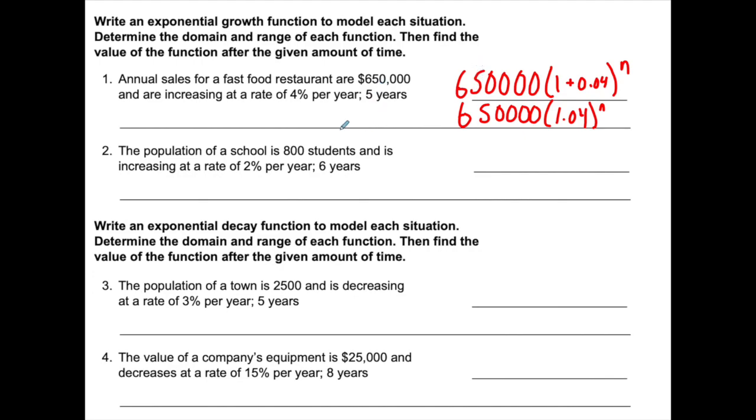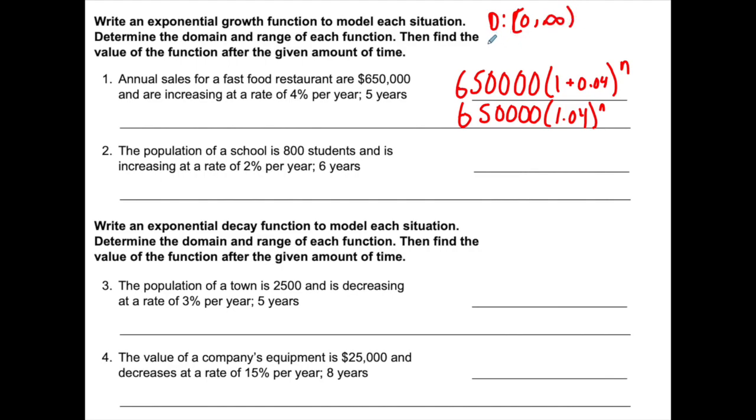Now, what's the domain of this function? Well, given that the time period has to be at least 0, the domain in essence is 0, bracket included, to infinity. I say that because you cannot have negative years.